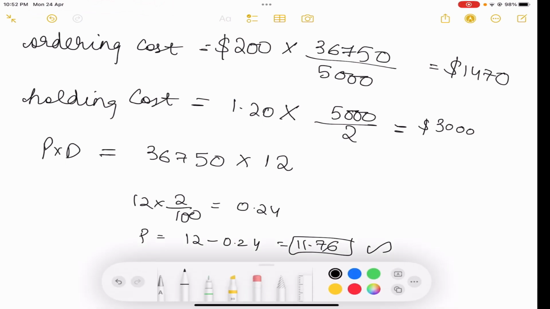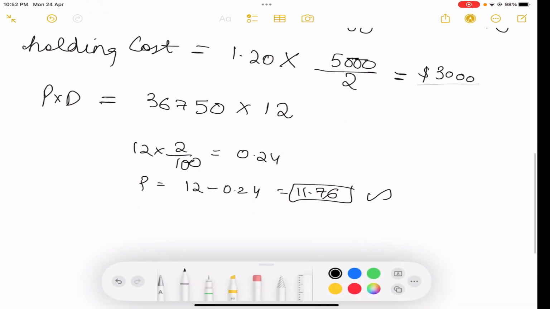My new price is going to be 11.76. So my P into D is going to be 432,180.